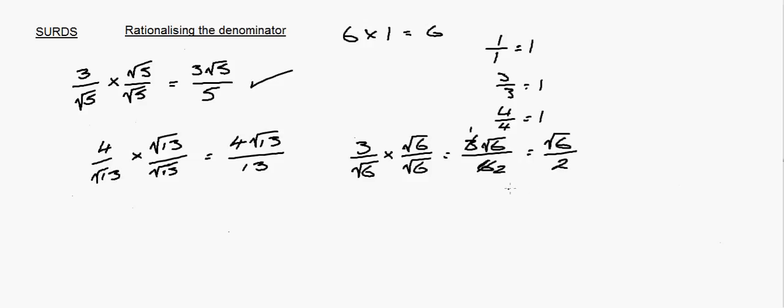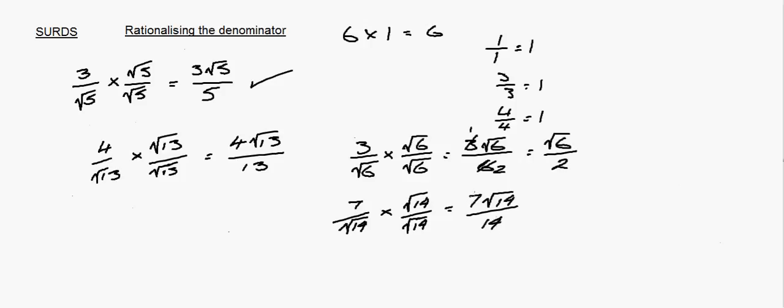Okay? So if we have, for example, 7 over root 14, they say rationalise the denominator, then obviously I use this, so root 14 over root 14. So 7 times root 14 is 7 root 14, and root 14 multiplied by root 14 is 14.